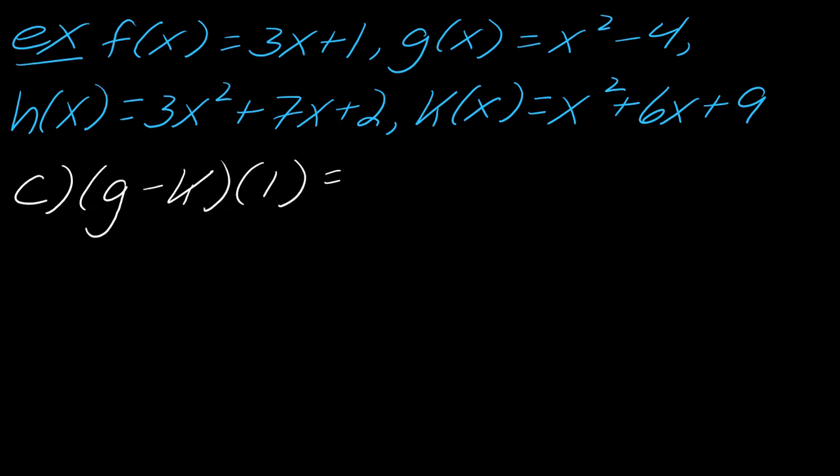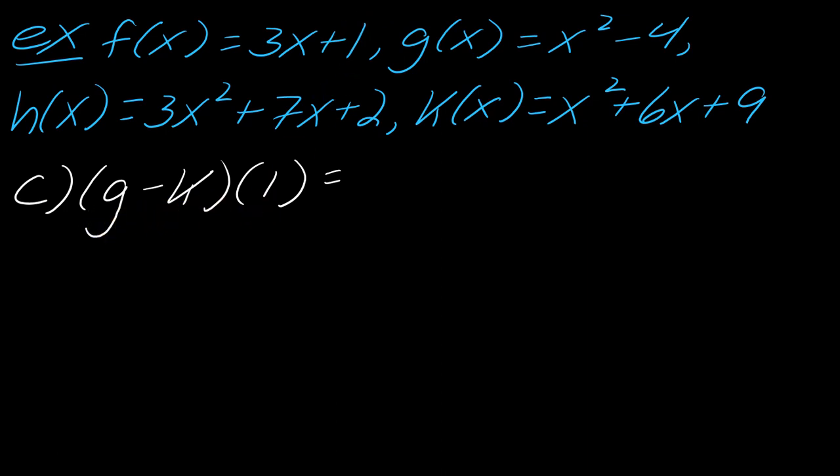Now, let me flip the script a little and show you different ways that this type of question could come up. So now I've got g minus k of 1. Now I'm being asked to do this subtraction operation, but also I want to put 1 in for the x's. And unlike the last example, we have not calculated, we do not know what g minus k is.